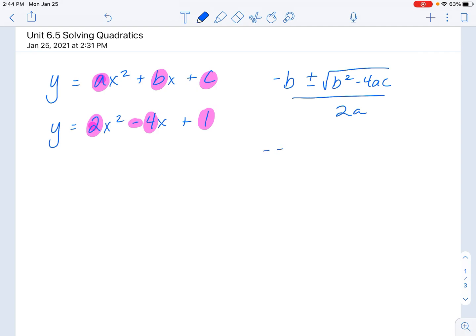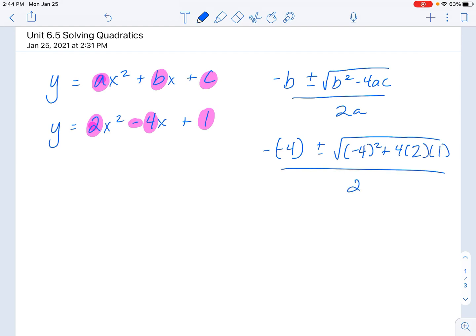Already, danger looms. I'd plug in negative 4 for b plus or minus the square root of negative 4 squared minus 4 times 2 times 1, that's a and c, all over 2 times 2.